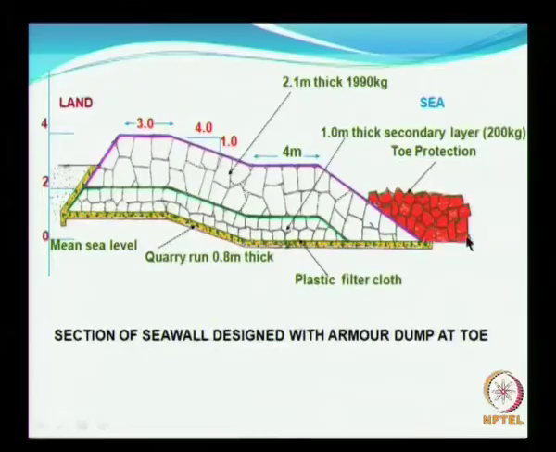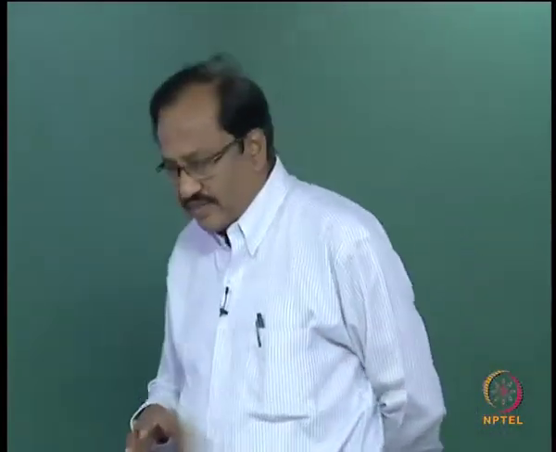Here you have what is called an exposed toe, that is, you do not excavate any sand. So this toe, what you see here, is just put on the existing seabed. So there can be some amount of settlement etc., and all these things have to be taken into account. The other way of constructing the toe is the excavated toe.